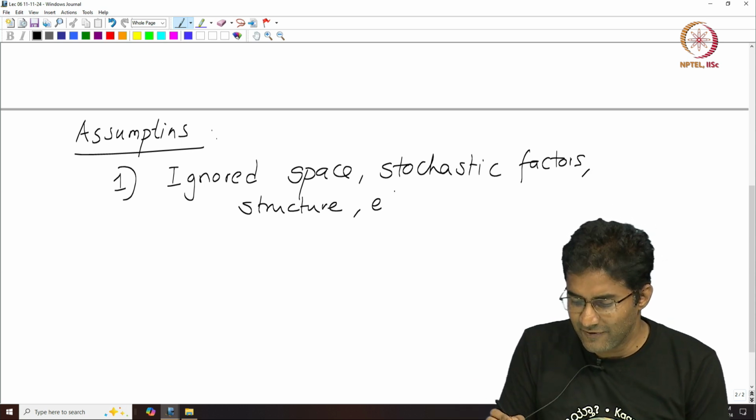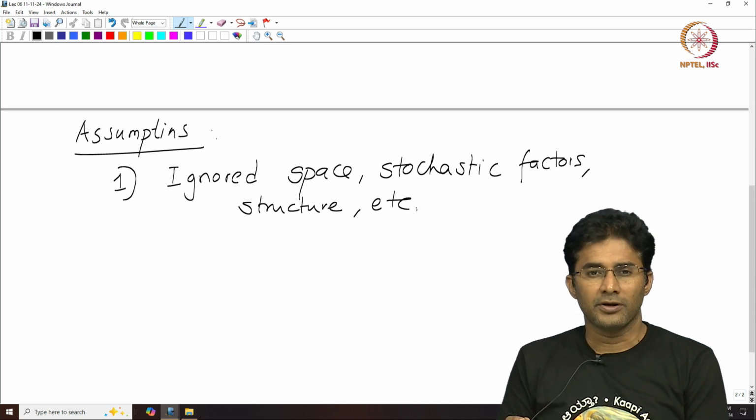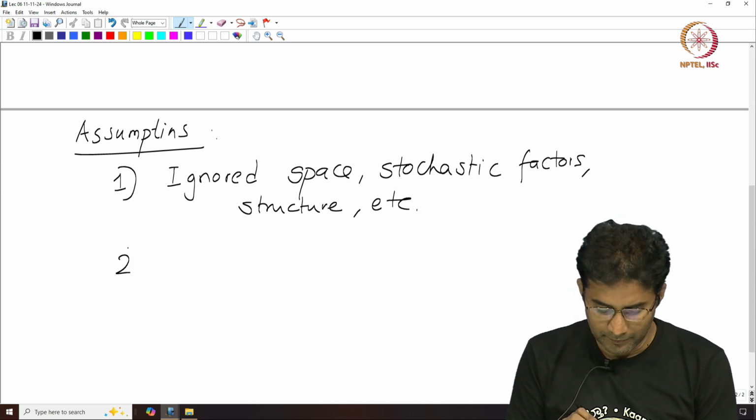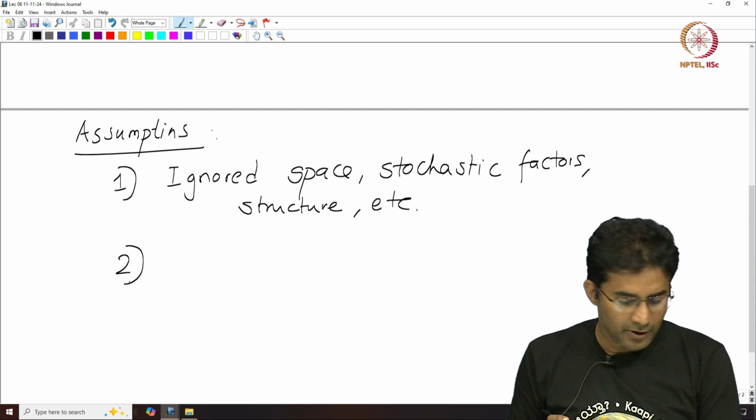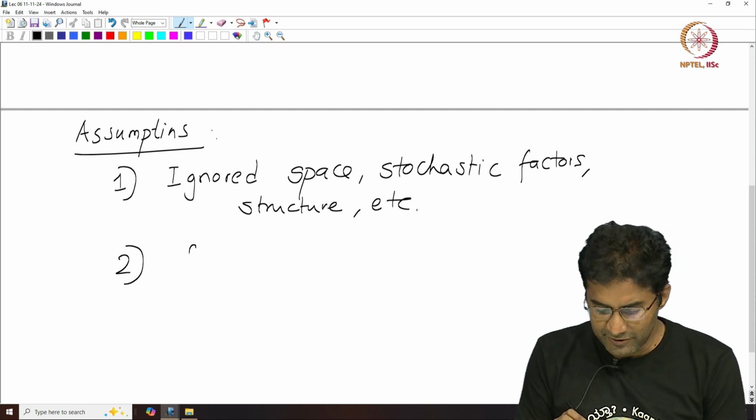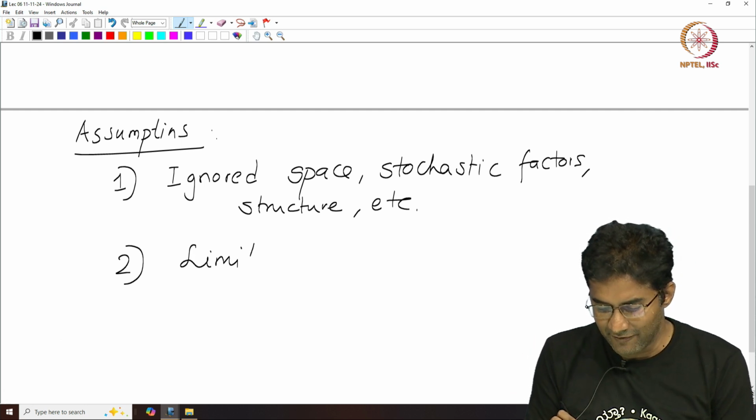So, these are the various factors we have ignored in populations, and we are assuming that of course the resources are limited, which is precisely why there is competition.